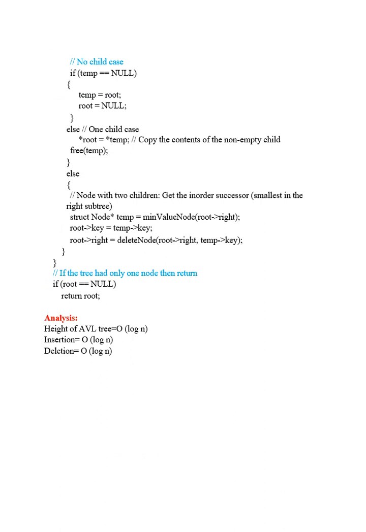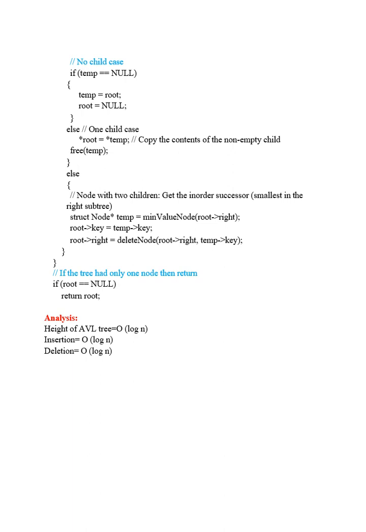If there is no child, that is, it is a leaf node, we can directly delete the node. And if it has only one child, we can delete easily. If it is a node with two children, we take the in-order successor.